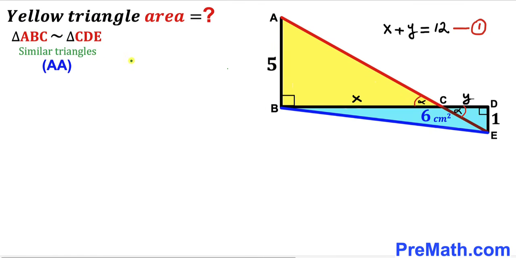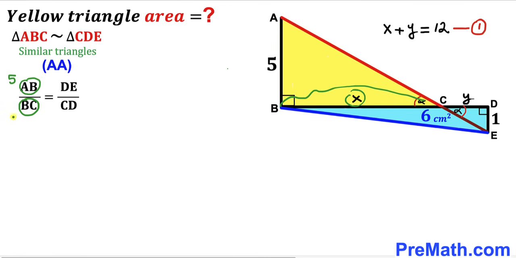Since these triangles are similar, we are going to have a proportion. The ratio of the side length AB and the side length BC is equal to the ratio of the side length DE and CD. Let's make an observation. AB is 5 centimeters, so I'm going to replace this with 5. Side BC is lowercase x.